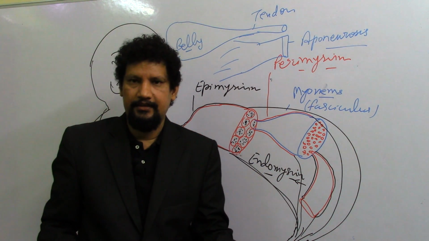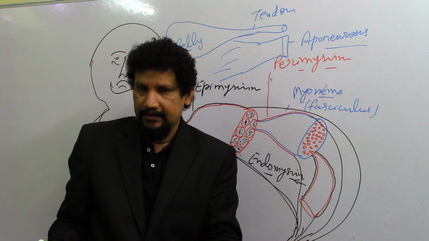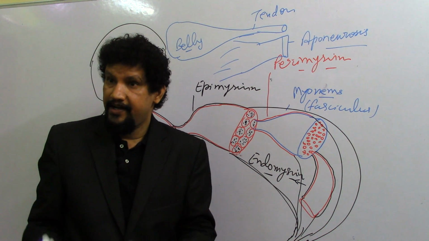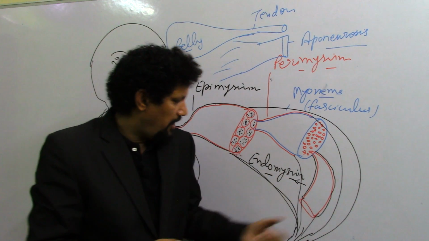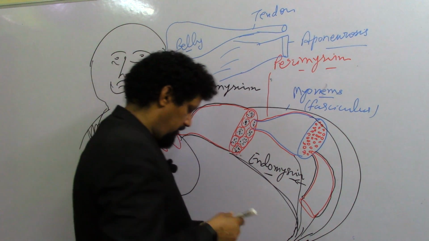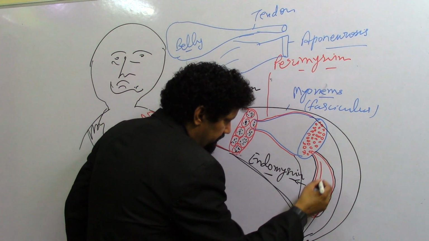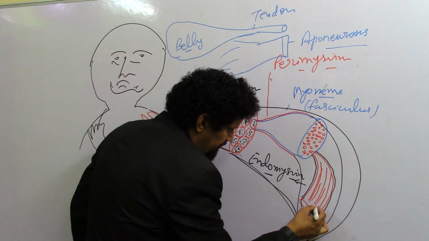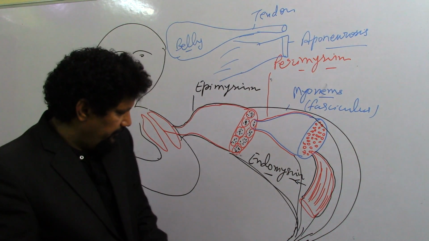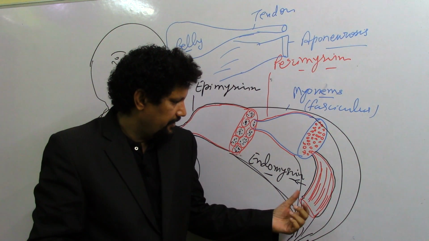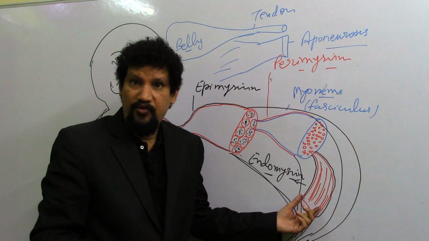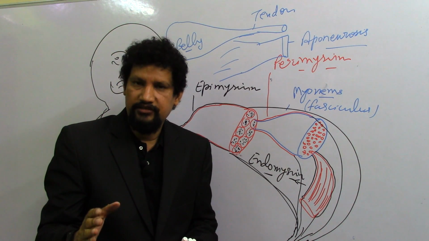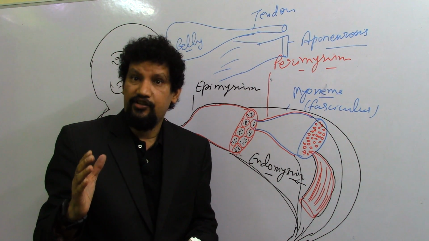A muscle fiber, a myocyte or a muscle cell, which is the structural unit of the muscle, is having hundreds of longitudinally arranged myofibrils, which are again formed by the microfilaments or myofilaments, which are formed by the actin, myosin, tropomyosin and troponin.